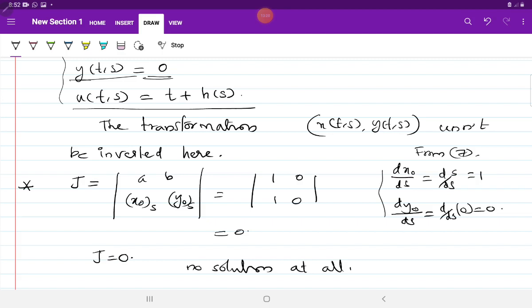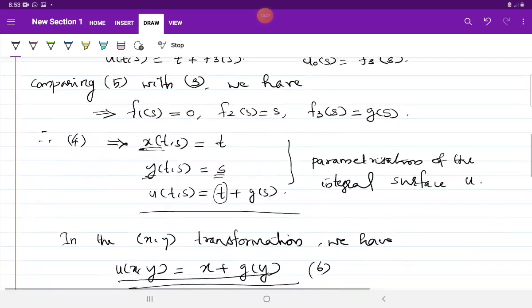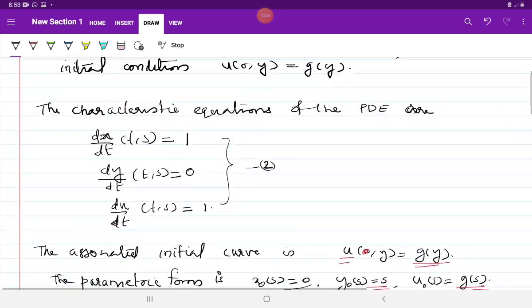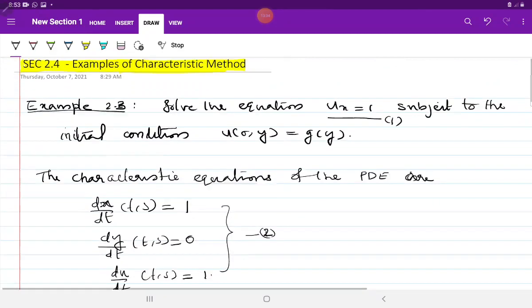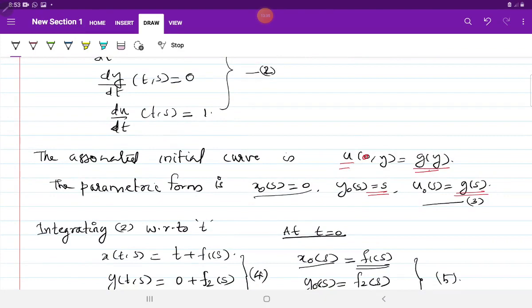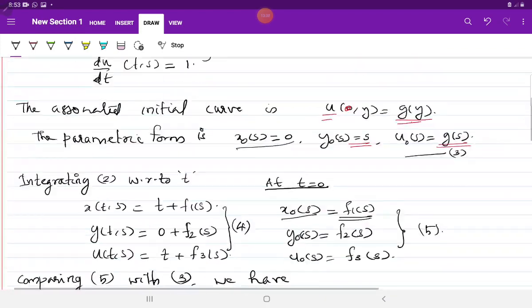If it is possible to find one solution, then there may be infinitely many solutions in this case. But when we took the initial condition as u of 0 comma y equal to g of y, we obtained a unique solution.